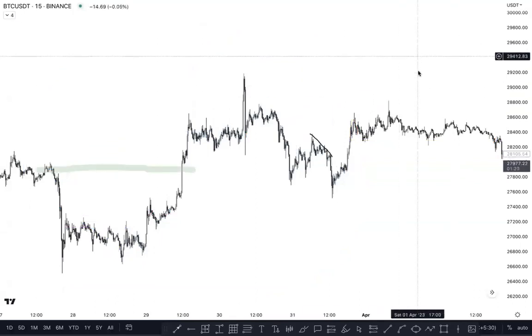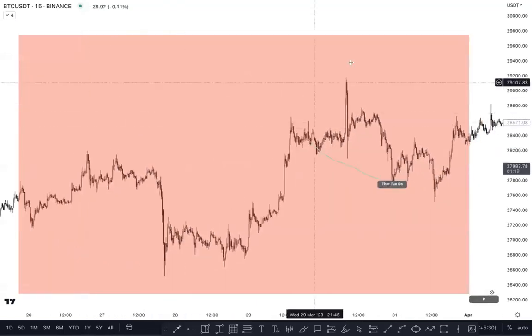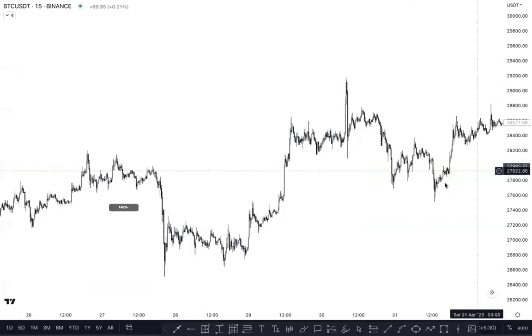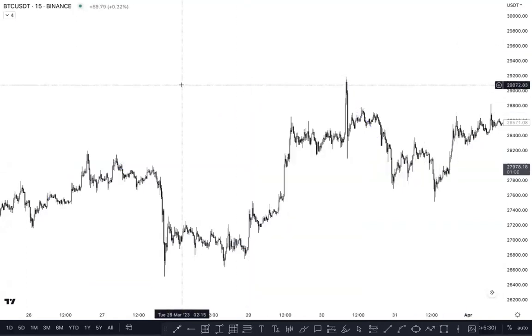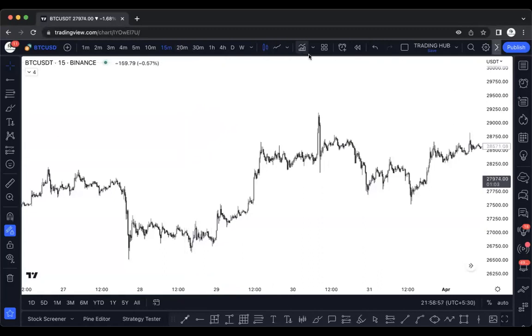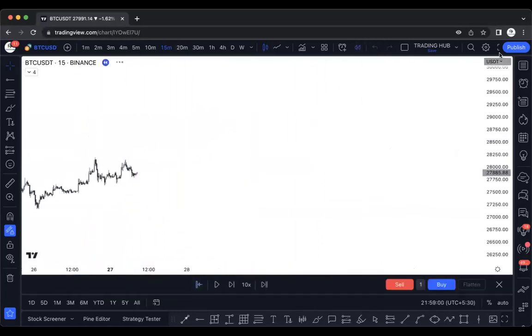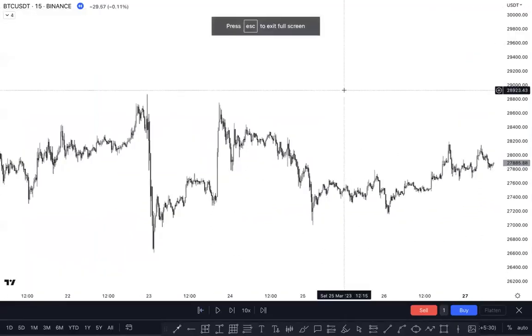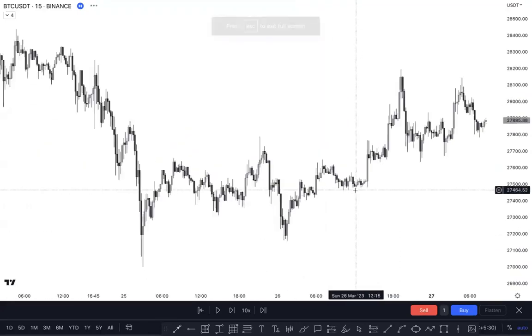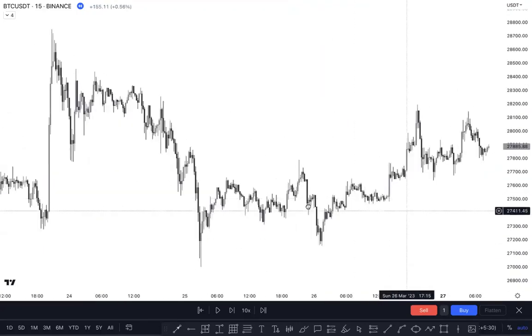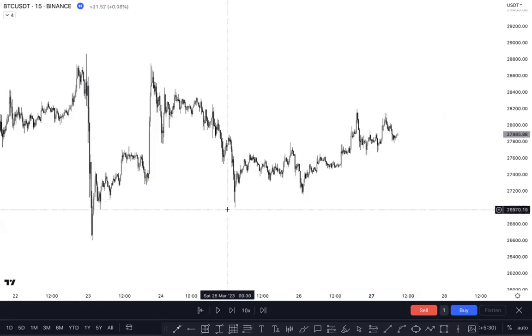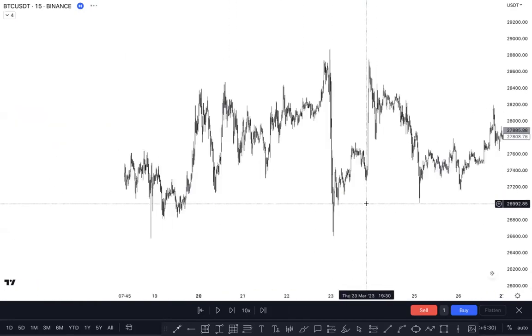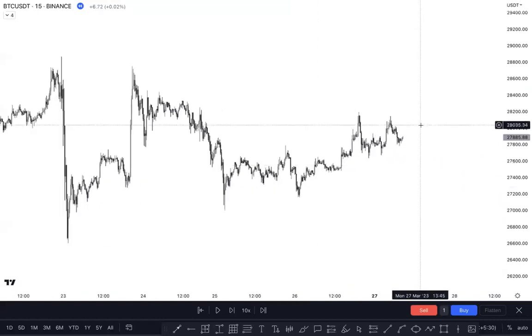Okay, let's see. So we are going to backtest on the 15-minute and 1-minute time frame in Bitcoin, right?